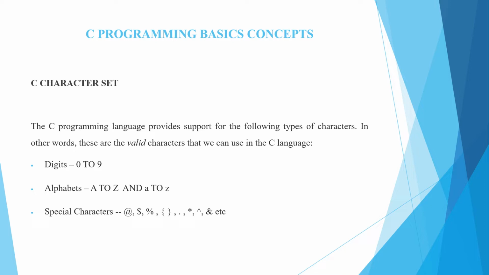And the third is special characters, for example, at symbol, dollar symbol, percentage symbol, flower brackets, dot, comma, star, caret symbol, ampersand symbol, etc. These are all examples of special characters. So the character set contains all the valid characters that we can use in the source program for forming words, expressions, and numbers, which are digits, alphabets, and special characters.